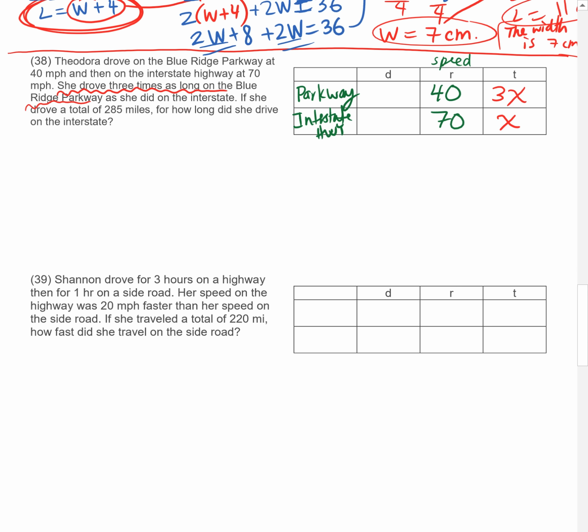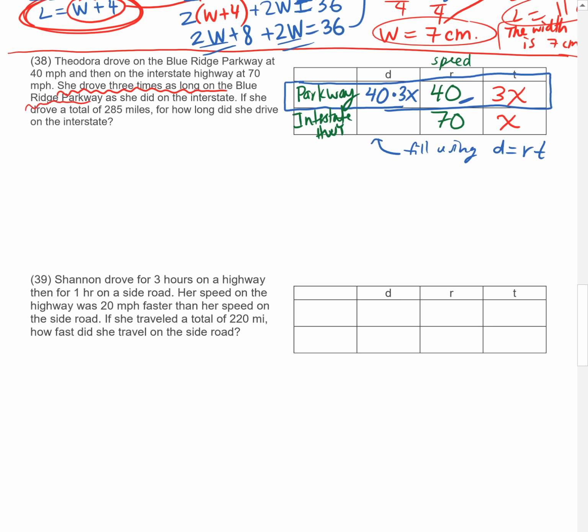Alright, that sounds good. And the very last part of this table you'll fill out using the formula. Remember, the formula is distance equals rate times time. And so if you focus on one row here, for her, when she drove on the Parkway, her distance is her rate, which is 40, times her time, which is 3x.